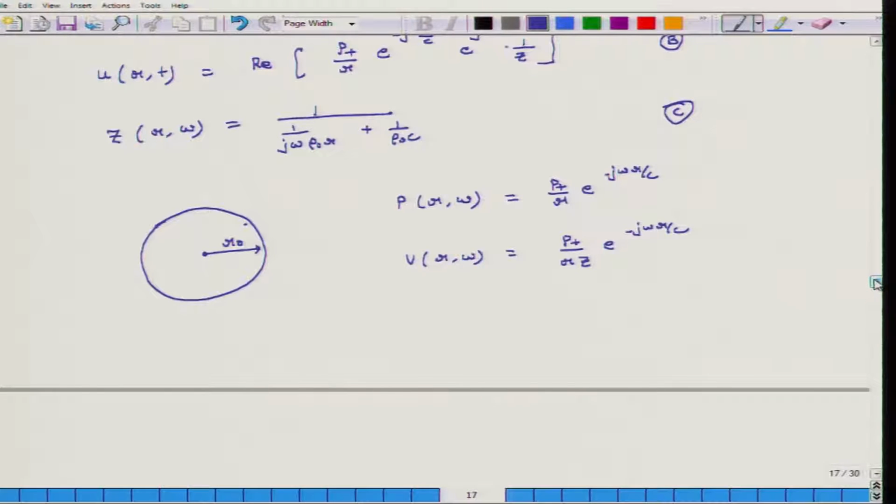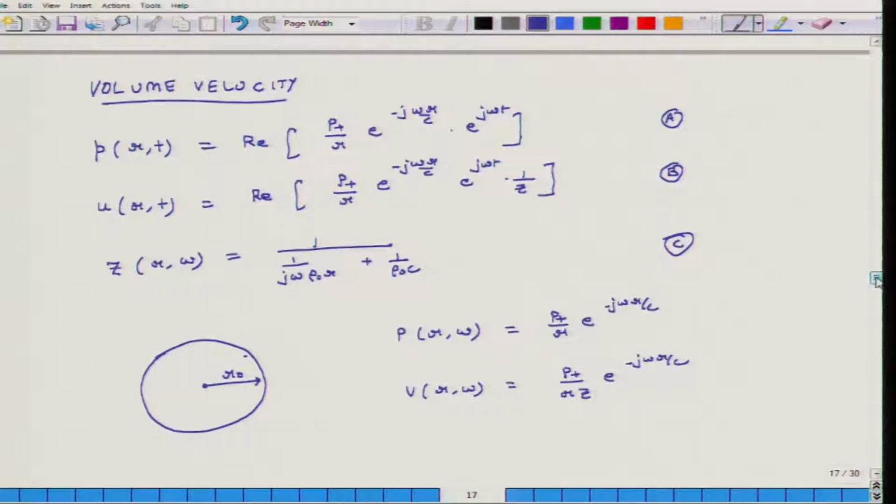Both these waves, for pressure as well as velocity, do not have a reflected component, there is no P negative, because in our assumptions we had said that there is no reflected wave. So, this complex pressure amplitude, a function of r and omega, corresponds to the amplitude only of the outward moving wave. So, I will also put a positive on these expressions.